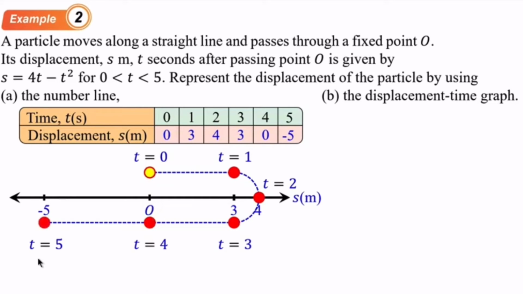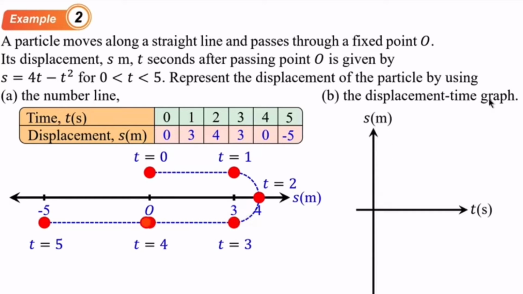So that is the instantaneous displacement of the particle from t equal to 0 to 5. It shows how the particle moves. That is the real concept when we use a straight line.